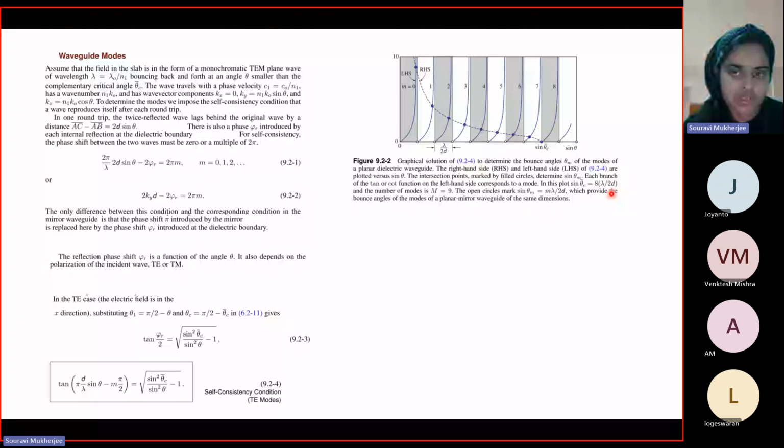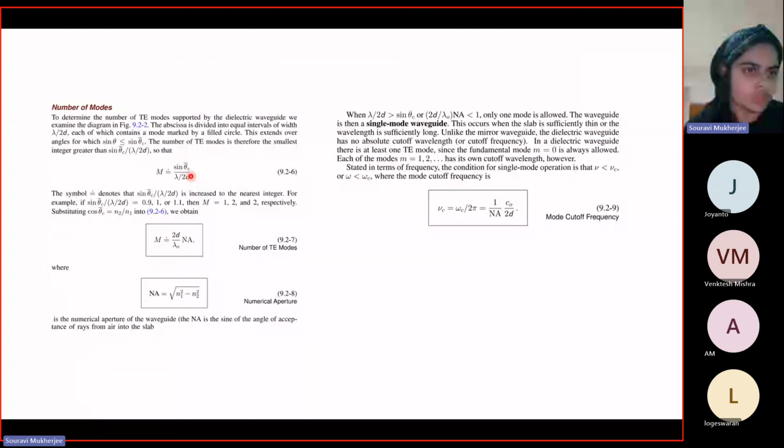So if you find the ratio between sine theta c and lambda by 2d, that gives you the maximum number of modes that can propagate through your waveguide.